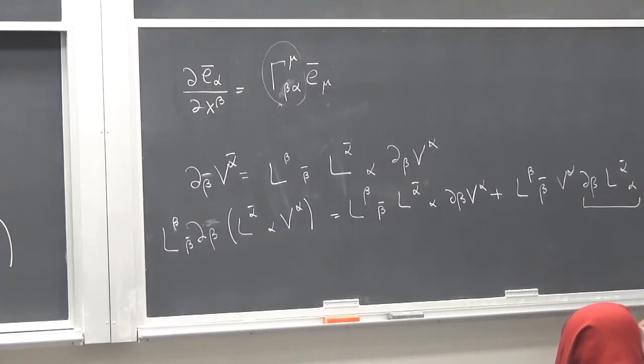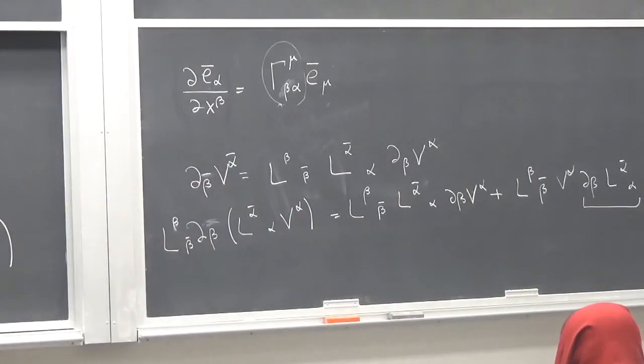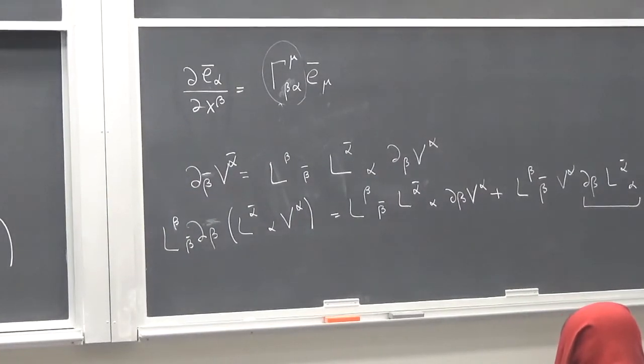This thing is not in general 0. लेकिन अगर आप सिर्फ कार्टेशियन में रहें, एंगल जो है वो कांस्टेंट है, that will be 0.